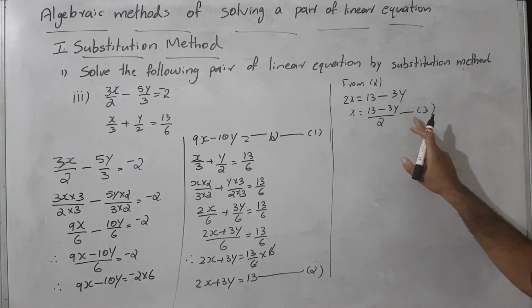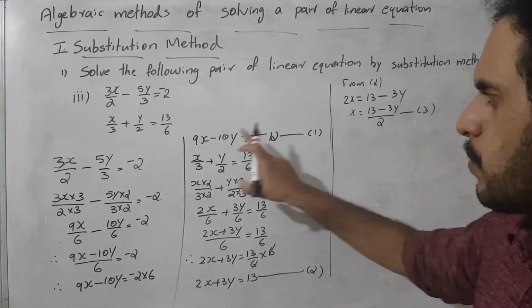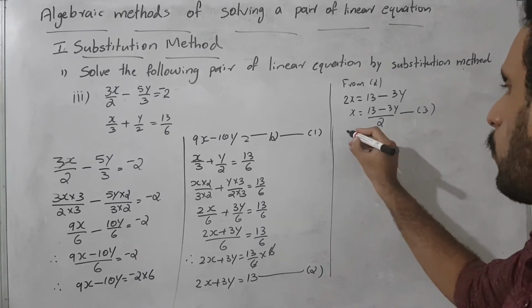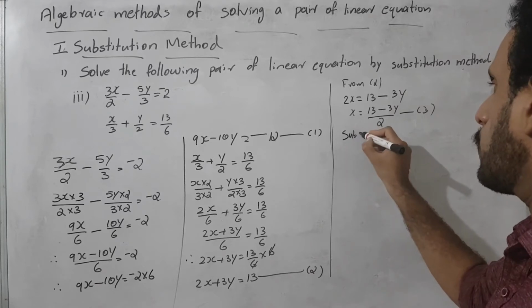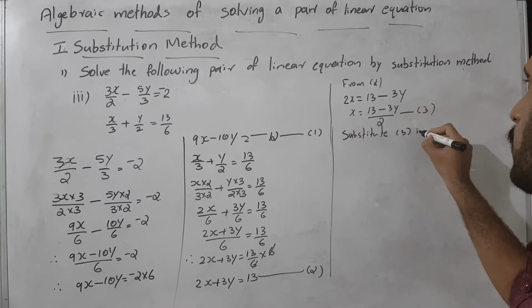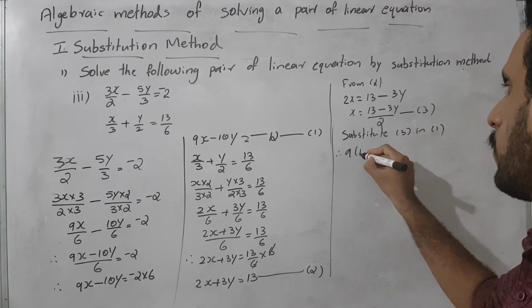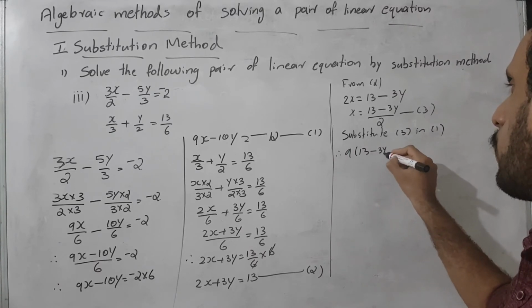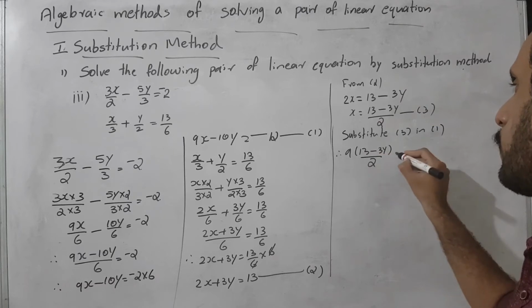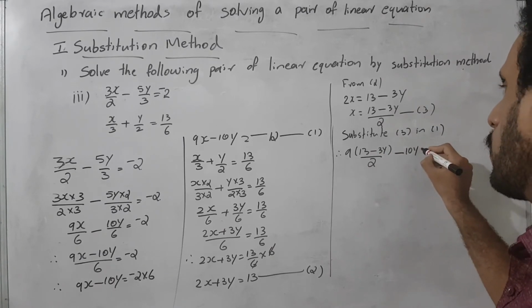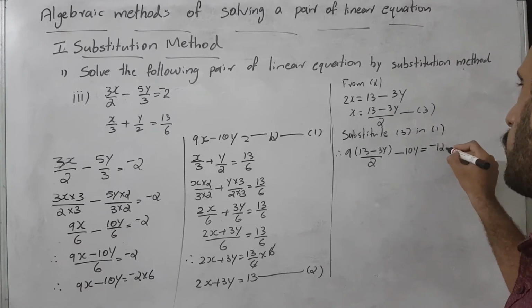Substitute equation 3 in equation 1. Correct? Therefore, what is next? Substitute 3 in 1. Therefore, 9 into 13 minus 3y by 2 minus 10y is equal to minus 12.